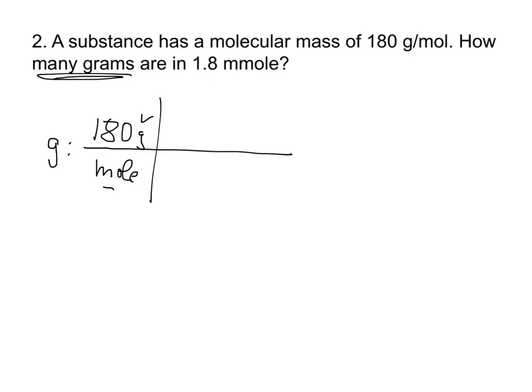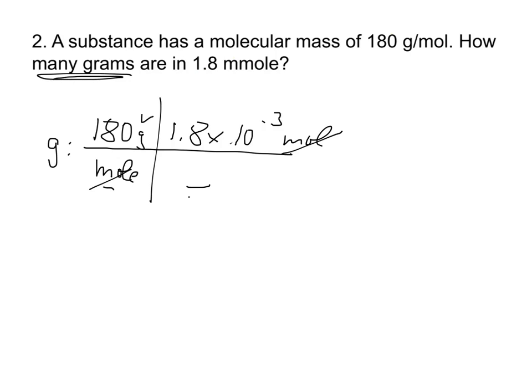So do we have moles anywhere? Yes, we have 1.8 millimole. So we write that down, 1.8, and I probably should, in this case, say times 10 to the minus 3 mole, because we want to have the same units, so the moles cancel out.